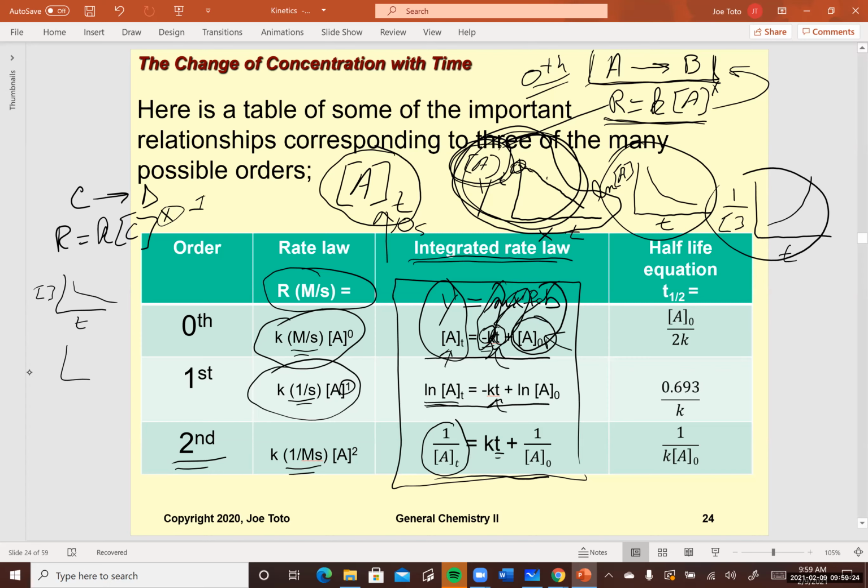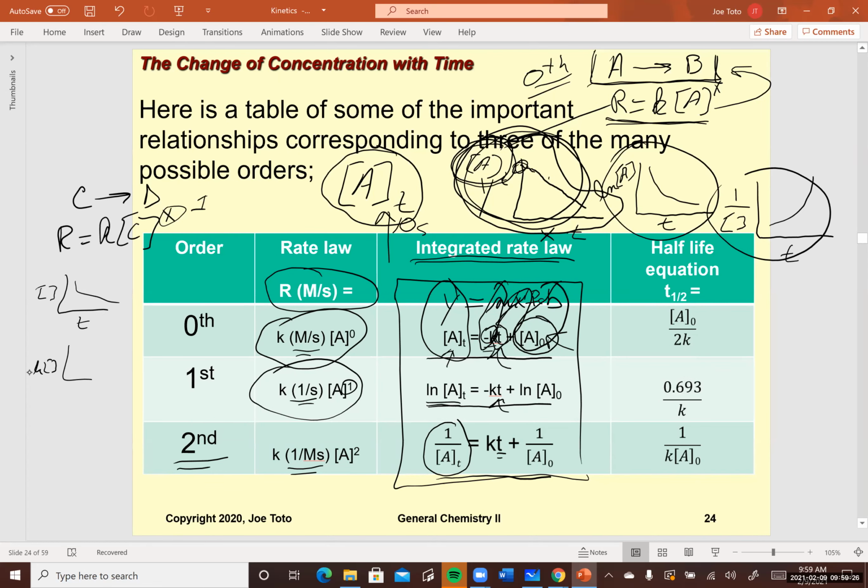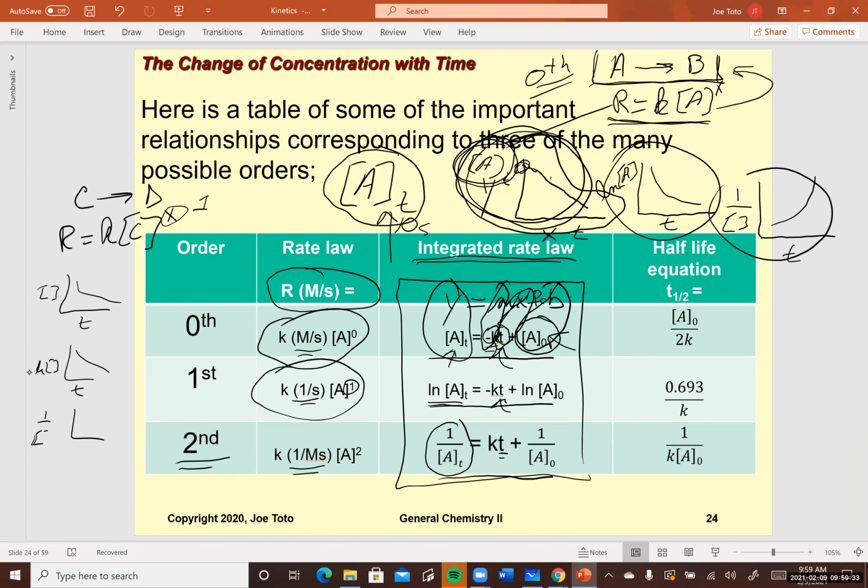When I plot ln concentration versus time, this is the one that's going to be linear. And then 1 over concentration versus time, that's going to be curved. So this guy's the linear one. Is that understandable? Am I completely missing the boat on trying to make this point? Yeah, it makes sense.